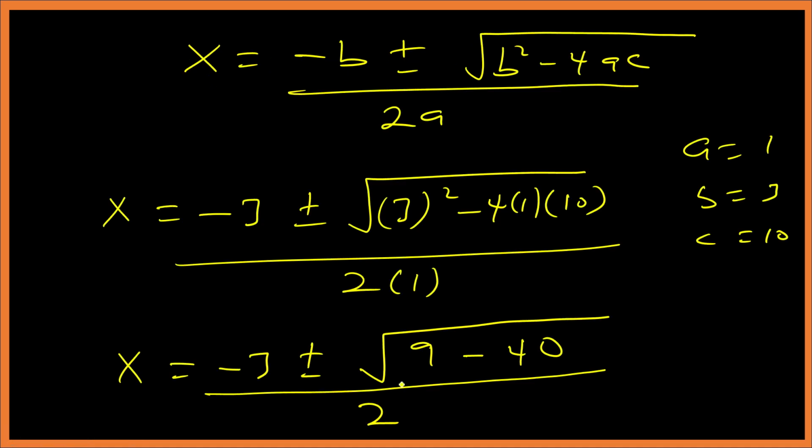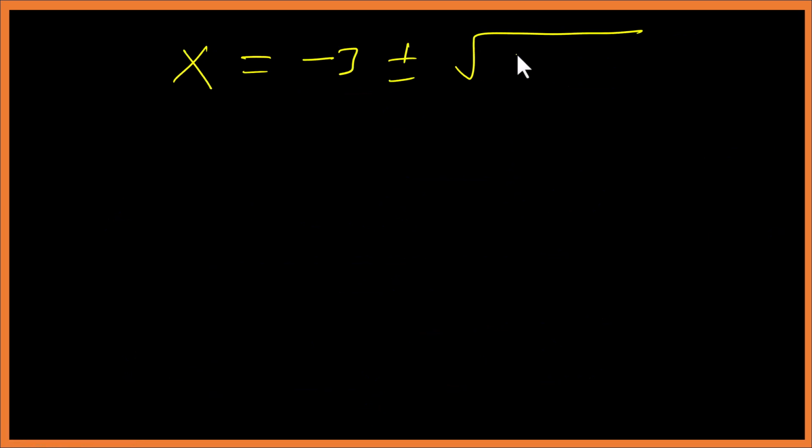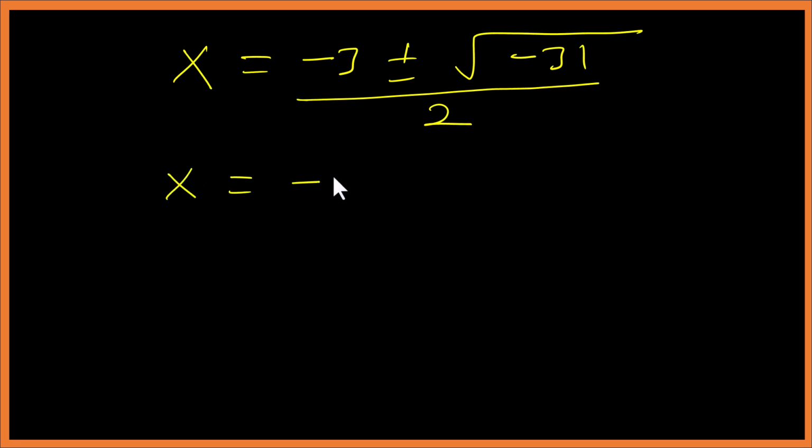Now 9 minus 40 will be minus 31. So we have x equals minus 3 plus or minus square root of minus 31 over 2.